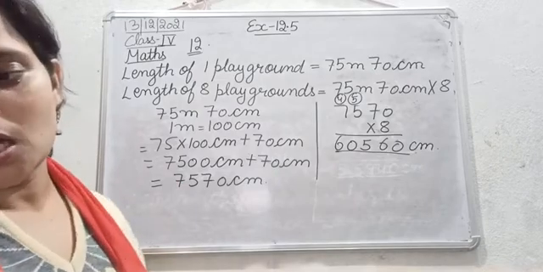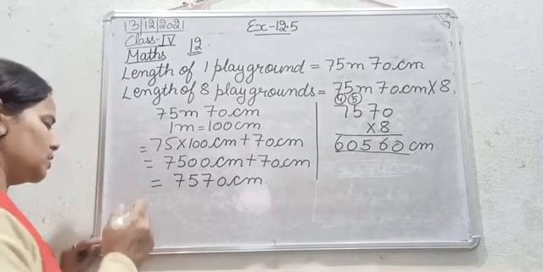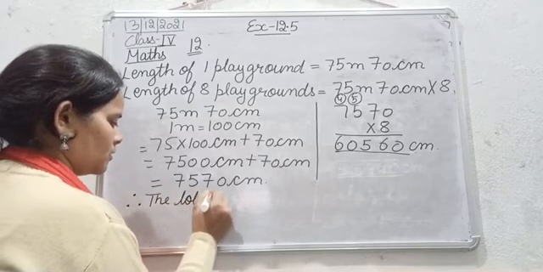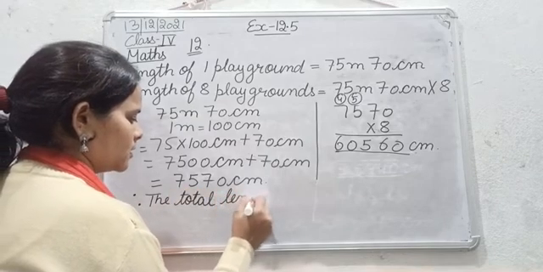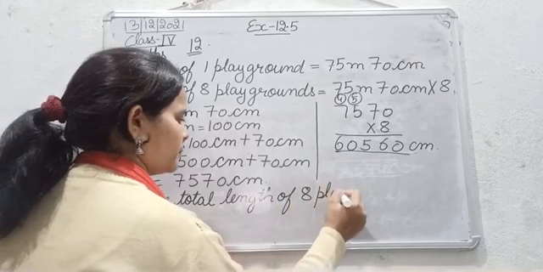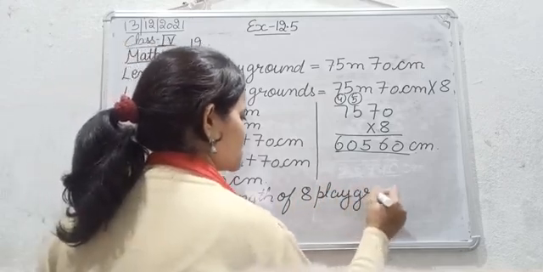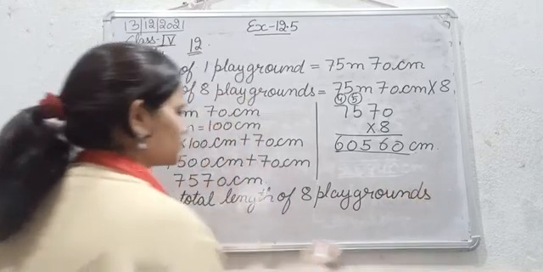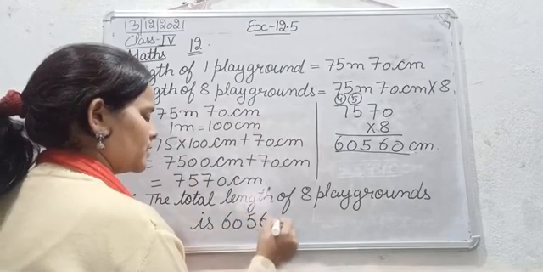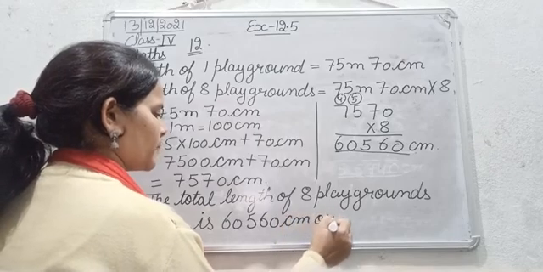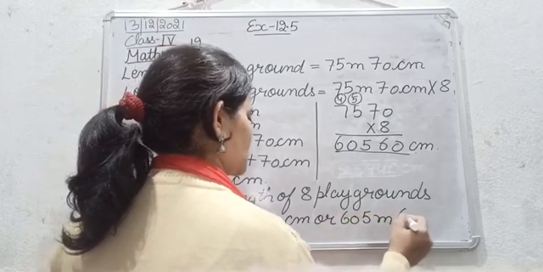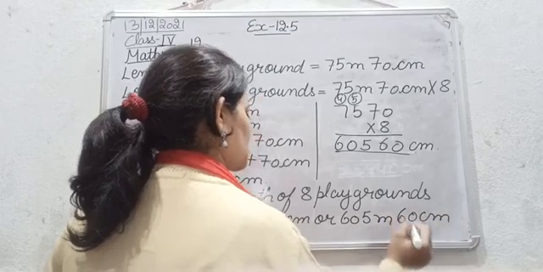So the question was, find the total length of 8 playgrounds. Therefore, the total length of 8 playgrounds is 60,560 centimeter or 605 meter 60 centimeter.